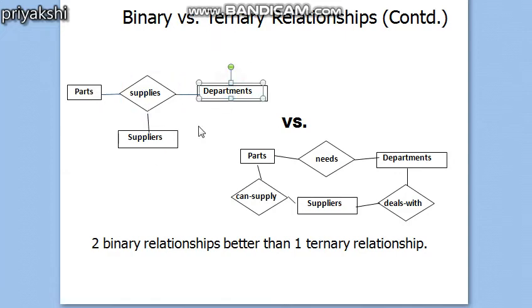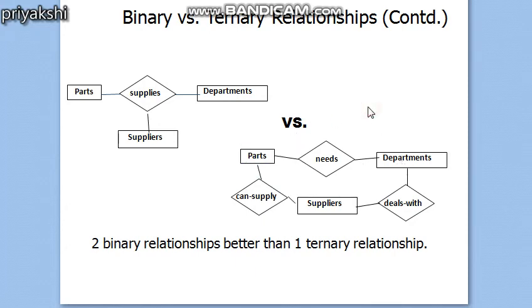There are three entities, so we call this relationship a ternary relationship, or the degree of the relationship supplies is equal to 3. Or we can represent this ternary relationship as binary, as you can see in the diagram. Parts can be supplied by suppliers, suppliers deal with departments, and departments need parts.